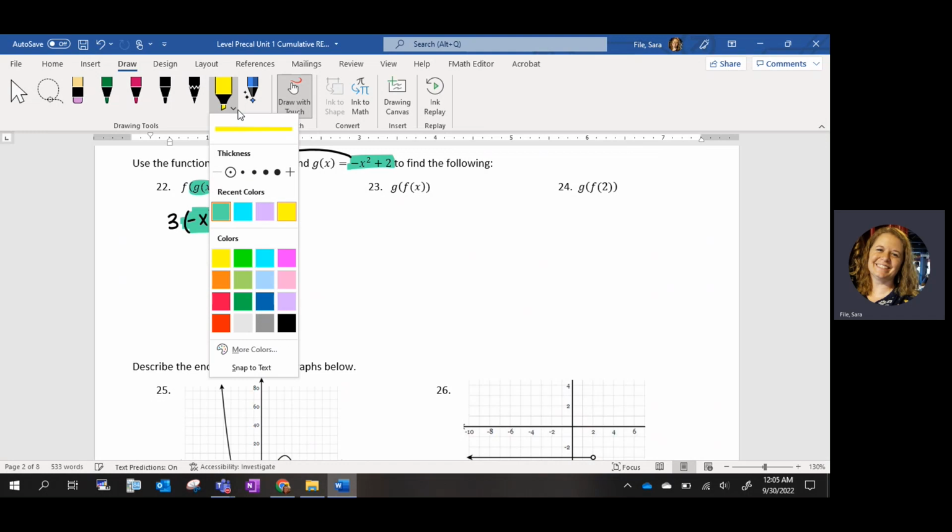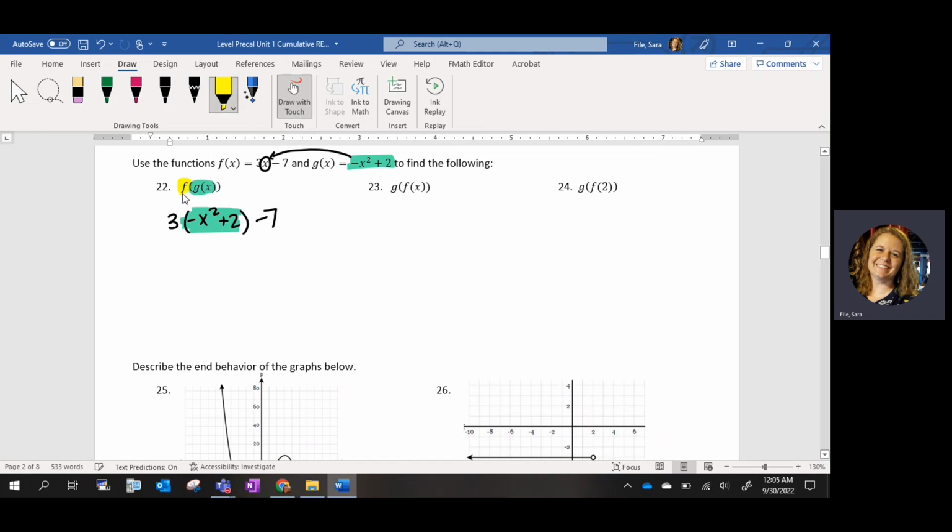Okay, so you can see the g of x function is input inside the f function. If it helps to see it this way, like with 2 colors, the g is actually inside the f. So this is the f function, this is the g function, and I'm putting the g inside there as the input.